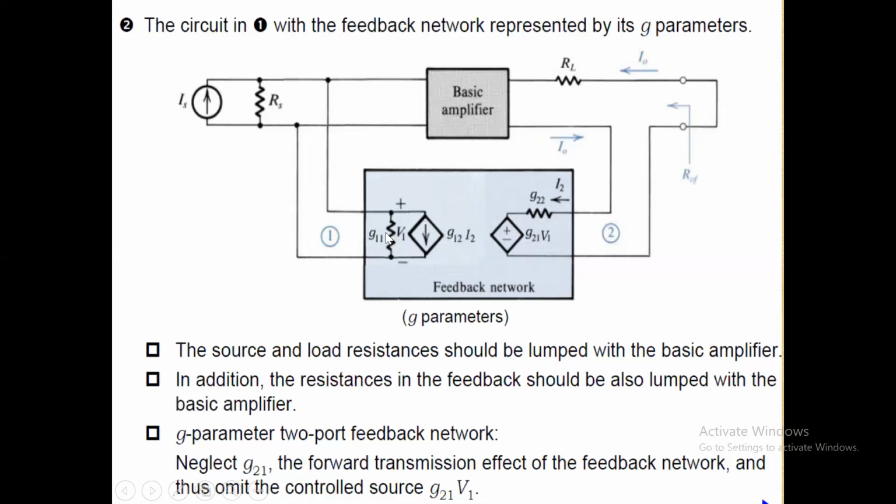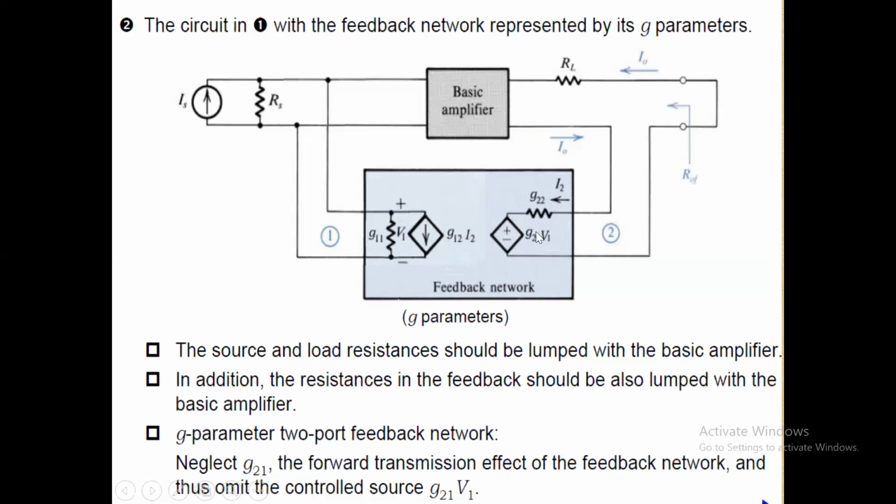Now this value G11 can be lumped at the basic amplifier side, and this G22 also can be modeled at the output side, and they can be considered as resistances. This does not have any unit because this is a current source and you are multiplying with current.